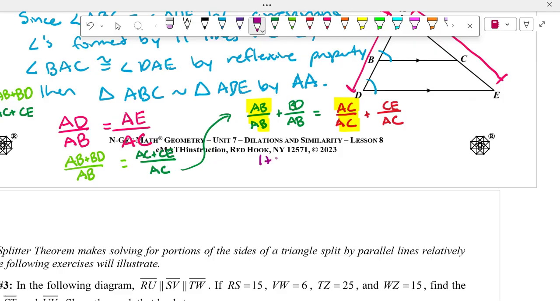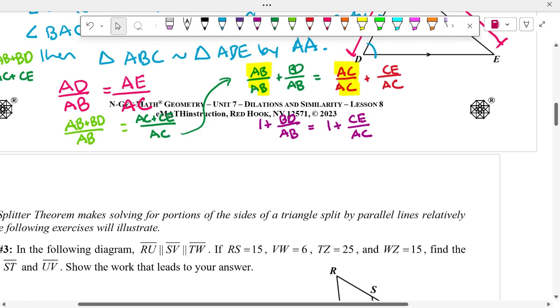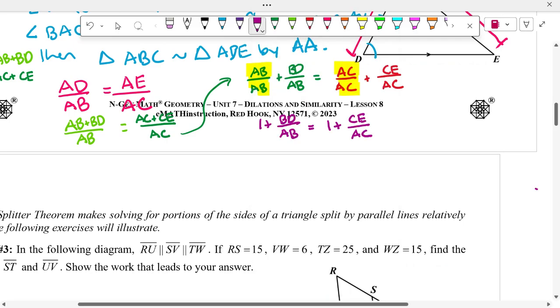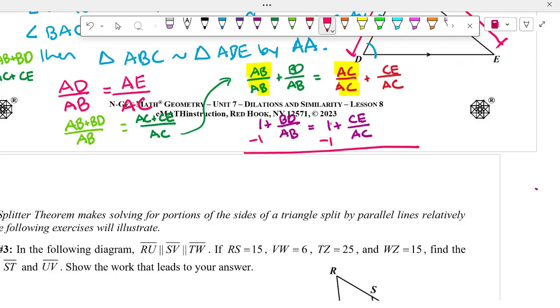So I have 1 plus BD over AB equals 1 plus CE over AC. Then I can subtract the 1 from both sides and get rid of it.